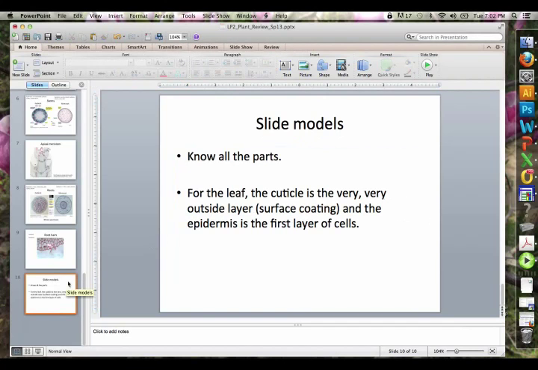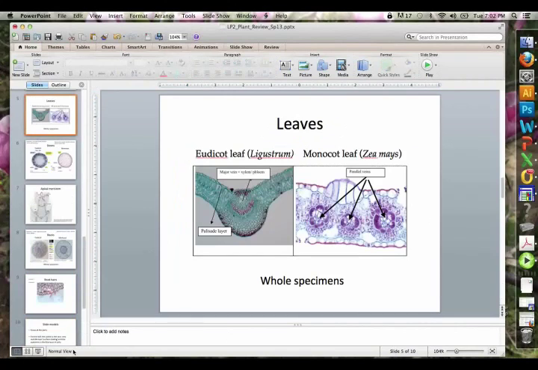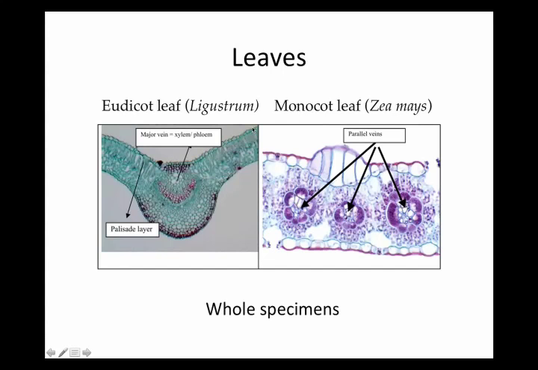The epidermis is the first layer of cells. So basically, if we're looking here, the cuticle will be outside of this, and here's the epidermis. That's the first layer. So cuticle is like almost the red part, and then the first layer of cells is the epidermis. And then this is mesophyll.